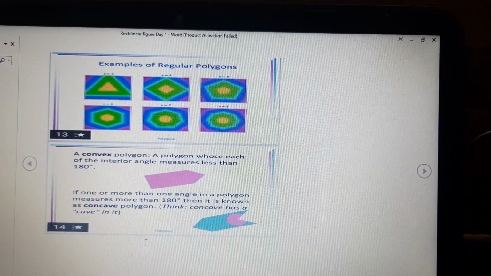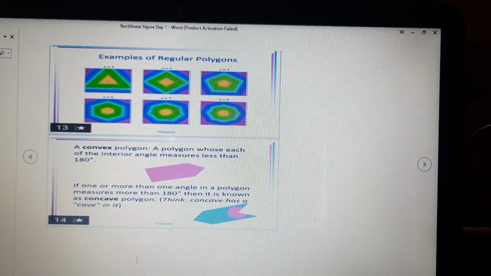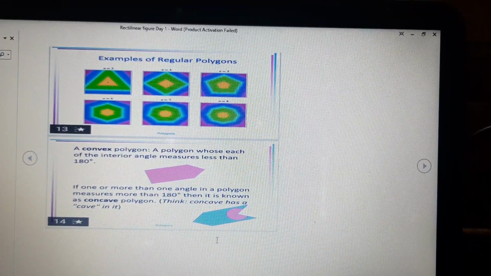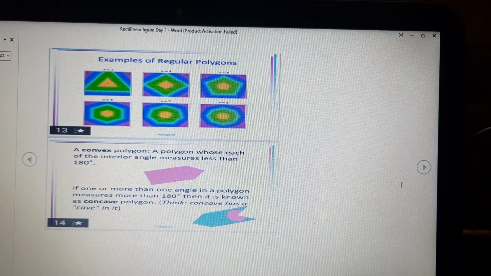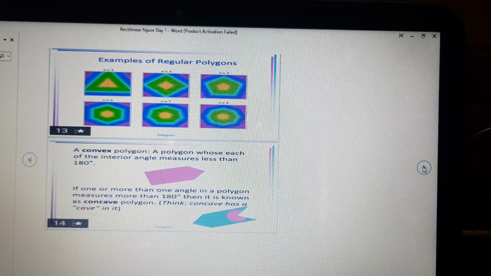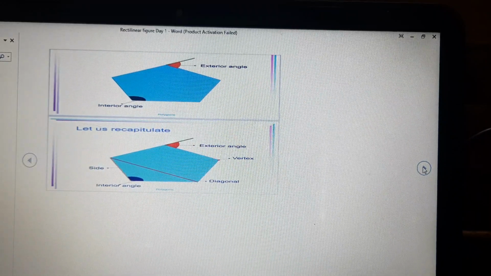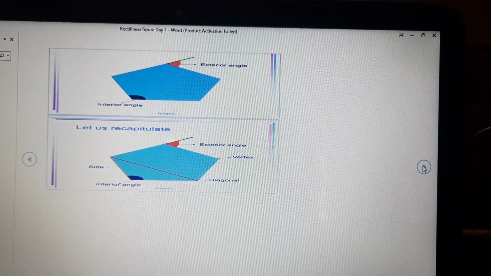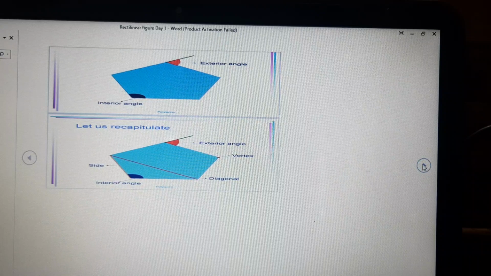Now another term, regular polygon. If all sides of a polygon are equal, then it is known as a regular polygon. If all six sides of a hexagon are equal, it is a regular hexagon.